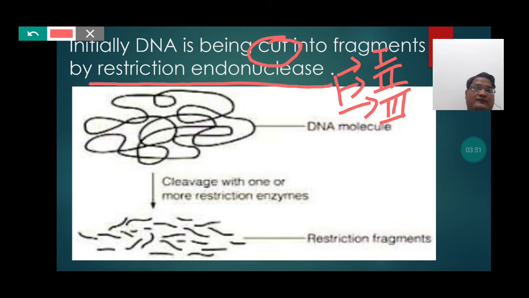So students, for specific cutting of the DNA at distinct positions, restriction endonuclease type 3 is generally being utilized.